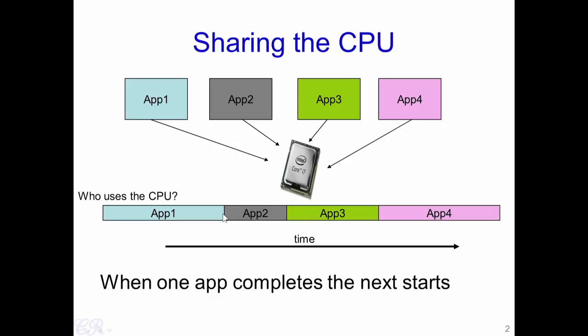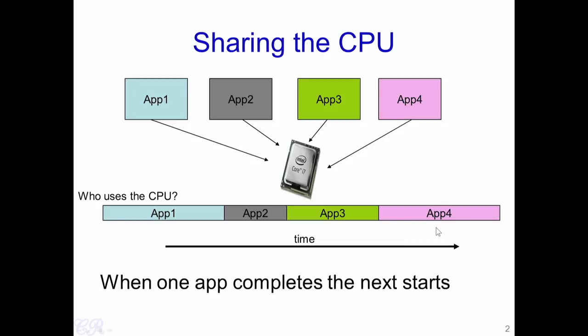When that application completes, the next application, app 2, would execute in the CPU till it completes. Then application 3 would start and execute till it ends, and then application 4 would start.